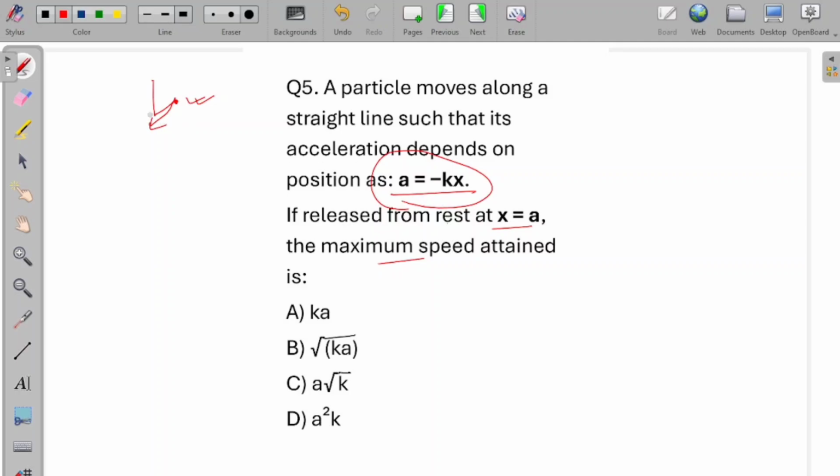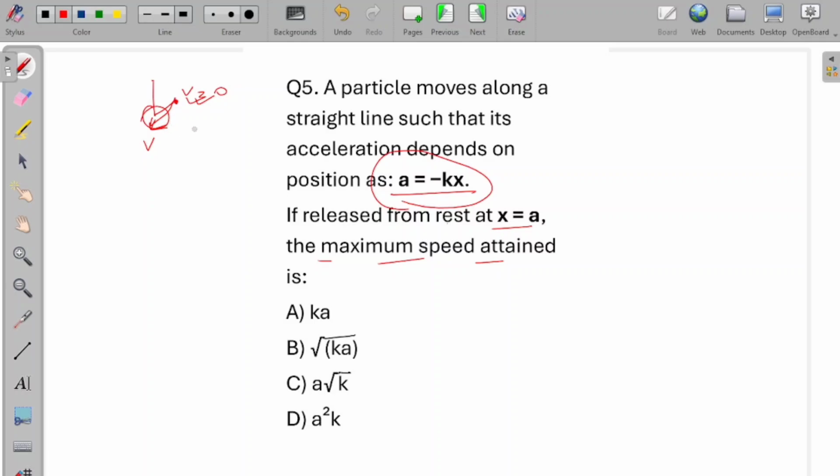Now it is going towards the equilibrium position. We know that velocity at this point is 0 and maximum velocity is attained at equilibrium position. We will be using this.